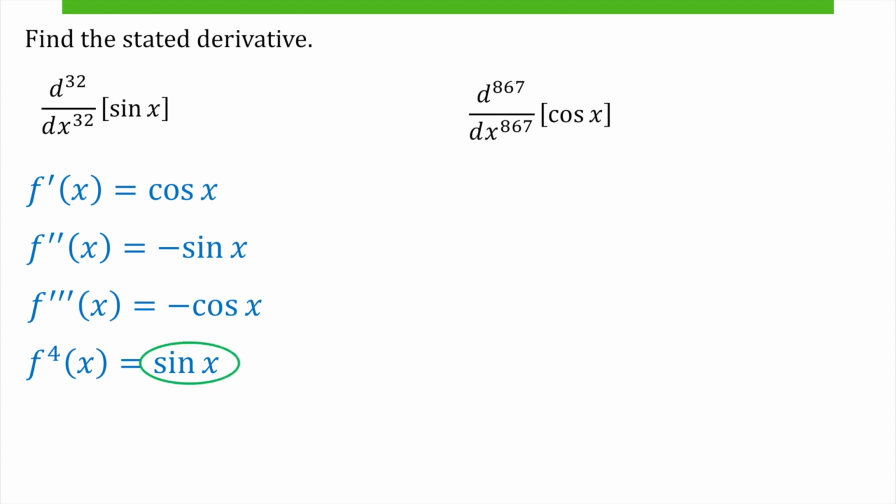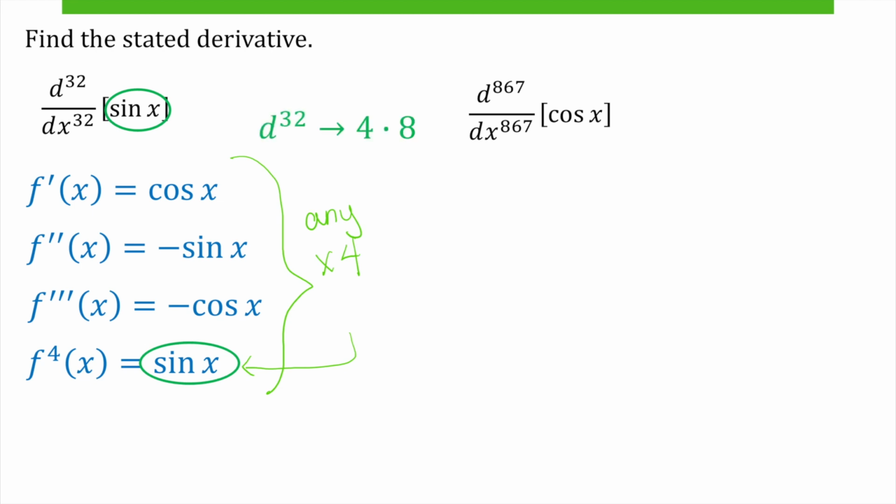That is the original function, which means any multiple of 4 will give us back the original function. That's a shortcut. So, since 32 is 4 times 8, it's a multiple of 4, then the 32nd derivative of sine of x is sine of x.